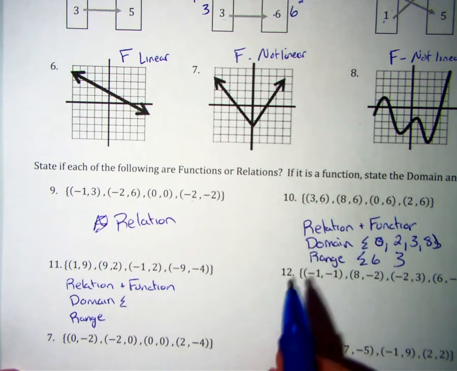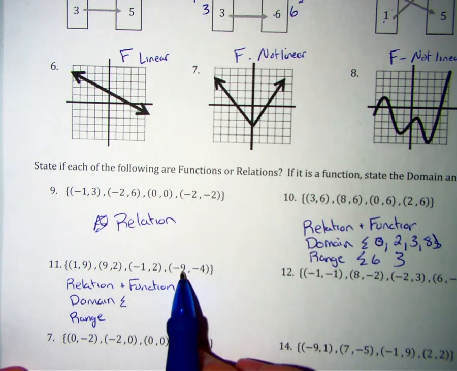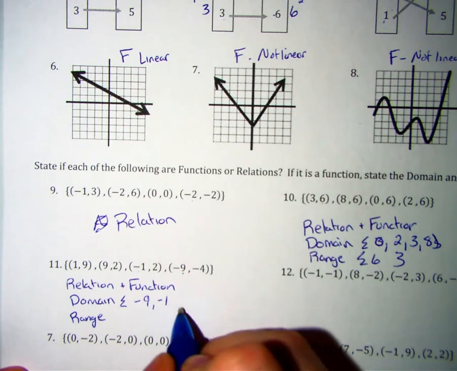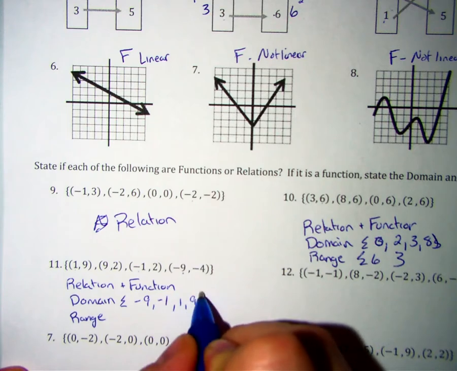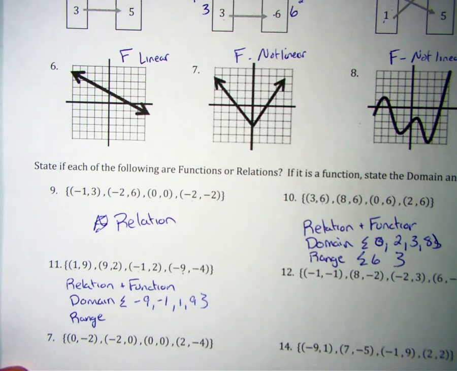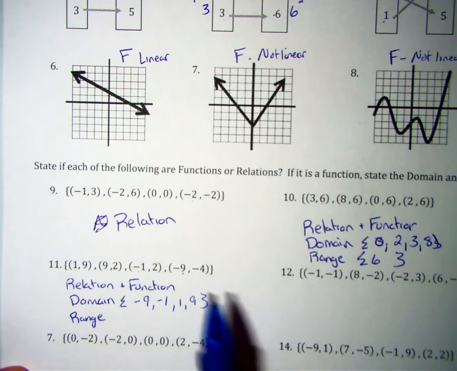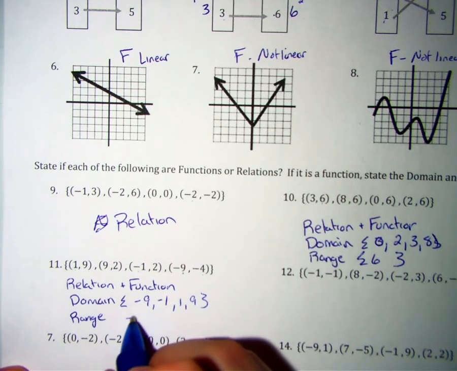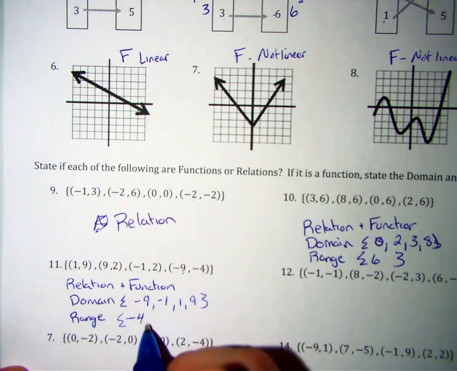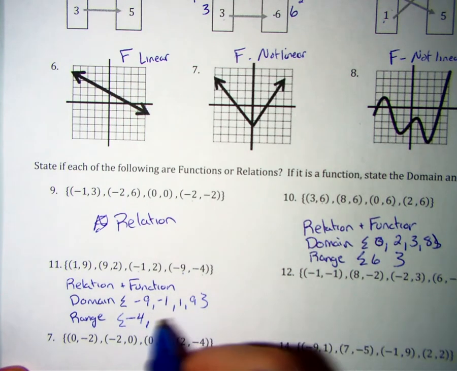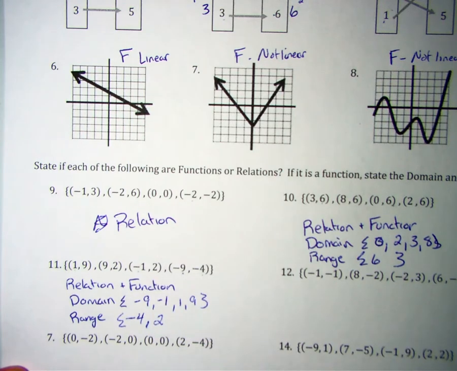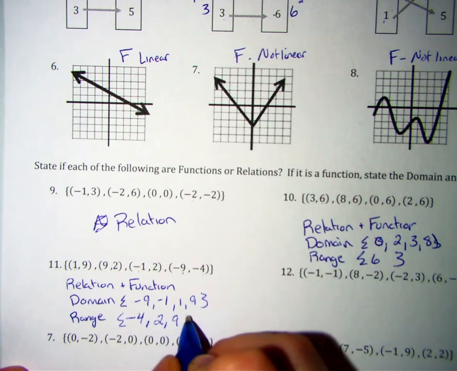The domain is all of our x values, starting with our lowest, which would be -9, -1, 1, 9. And the range, all of our y values. Our lowest value is going to be -4, 2, which repeats itself, so we don't need to list it more than once, and 9.